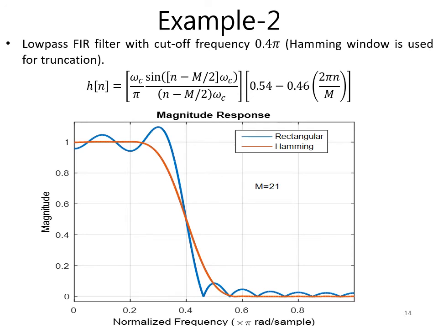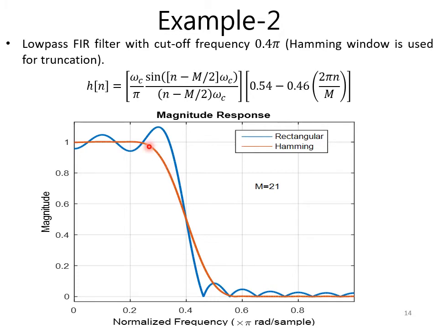Now the frequency response of the filter with the Hamming window and the rectangular window is compared, and again blue color is the rectangular window function filter and brown color is the Hamming window filter. You can see that the transition from pass band to stop band is taking more time, or is wider, for the Hamming window.